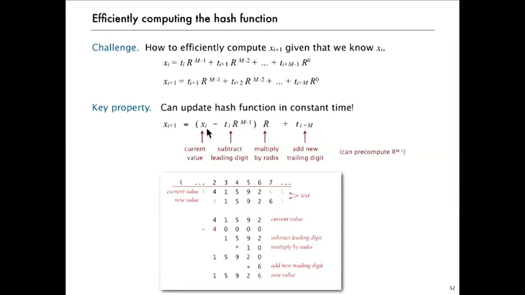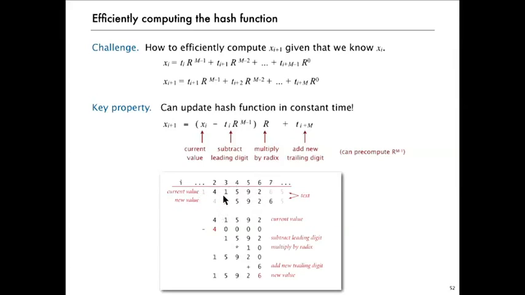You take xi, we don't care about the first digit anymore, so you subtract it off, multiply by r, and then add the new digit. That's like one step of Horner's method. And then you can do mod q all the way through. All you have to do is pre-compute r to the n minus 1 mod q. And so here's the computation for one example.